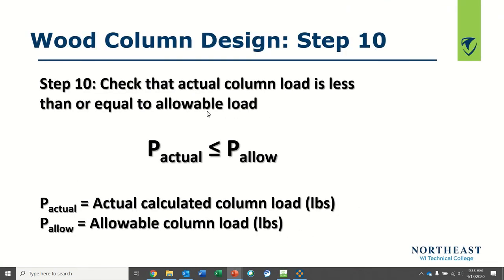The actual column load has to be less than or equal to the allowable load. So we can do step 10. Let's just check that. P actual equals 10,000 pounds.